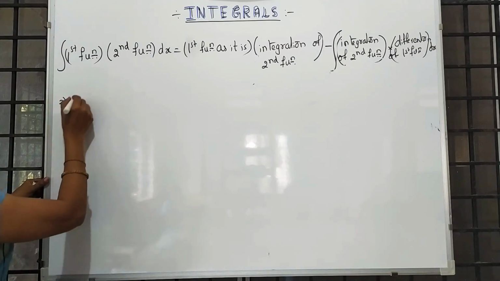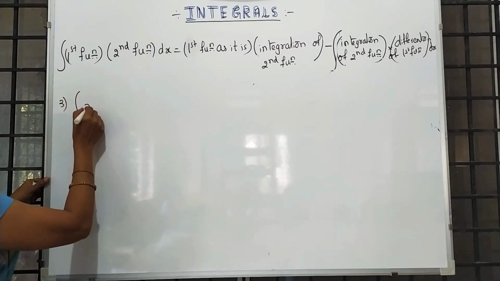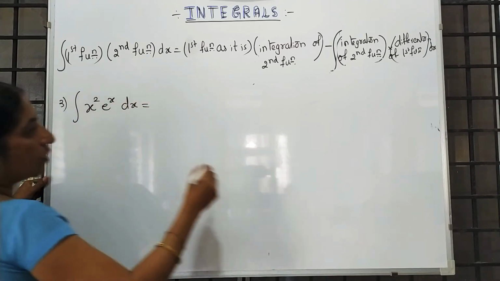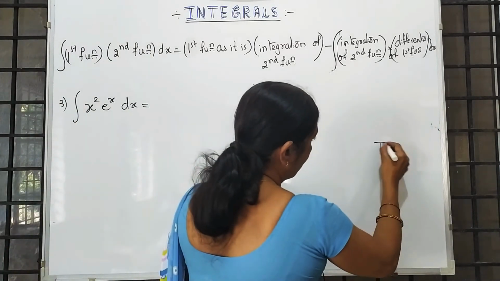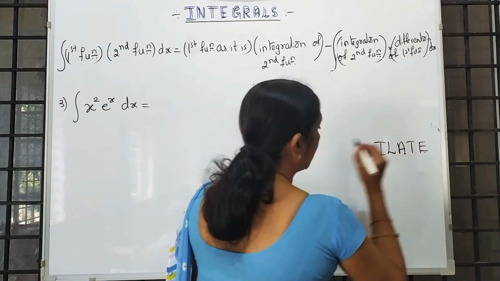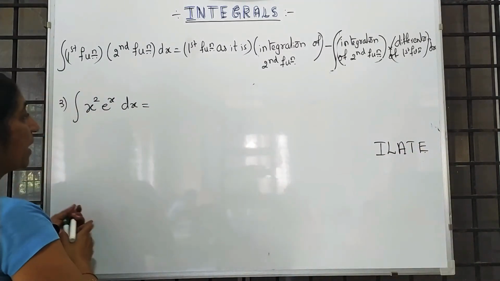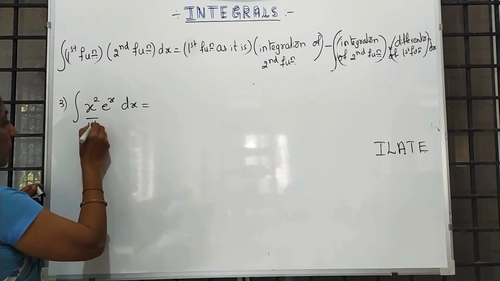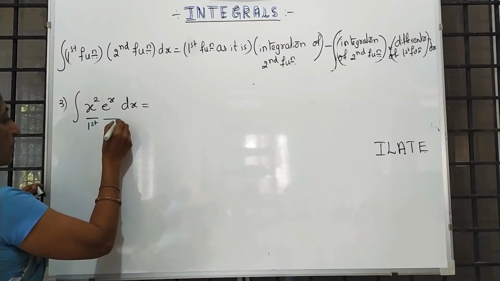Third one, integration of x square into e raised to x. So, according to the rule, first algebraic, then exponential. Already they are in the standard form. First algebraic, then exponential.